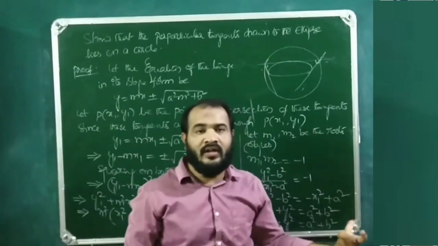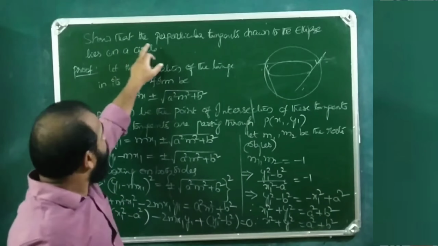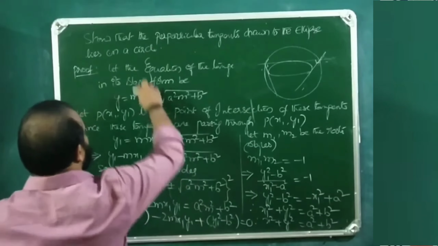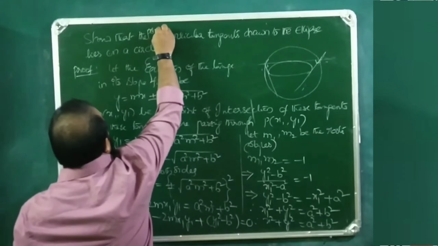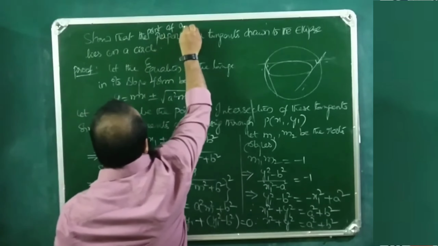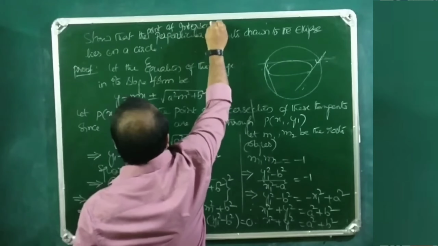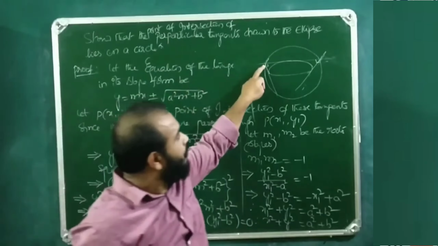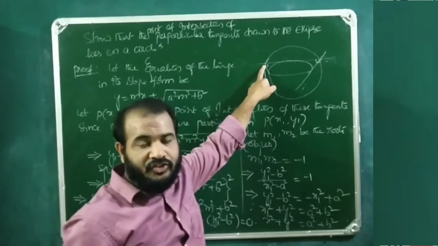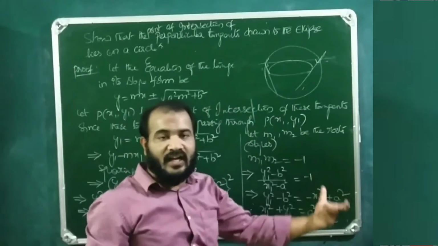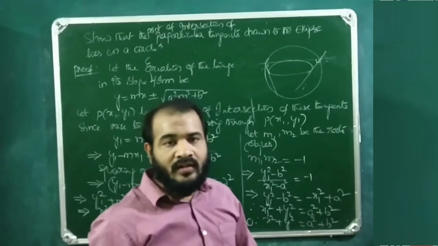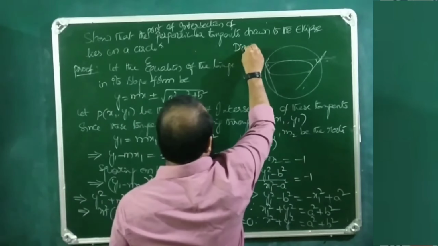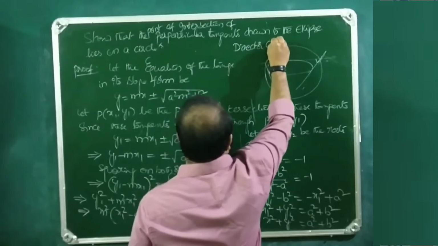Therefore we can conclude that the point of intersection of the perpendicular tangents drawn to the ellipse lies on a circle. That circle is called the director circle.